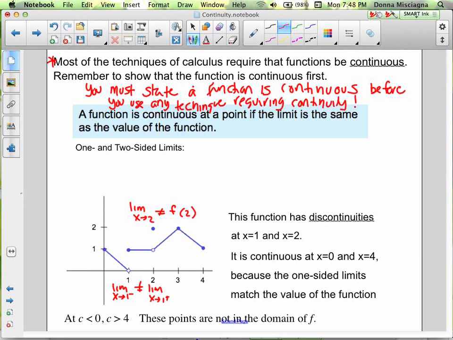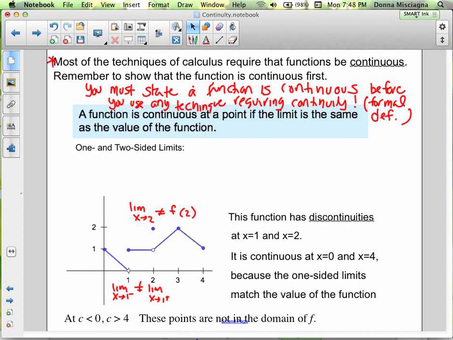If you don't say it's continuous, you're not allowed to use a technique that requires continuity. And it has to be, by the way, the formal definition: the value of the function and the limit being the same.